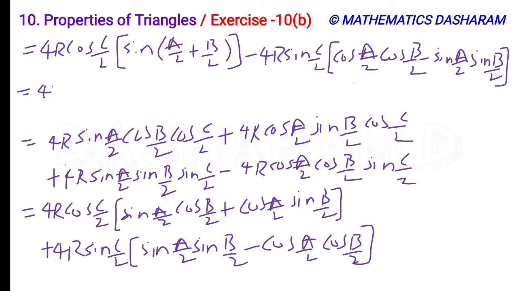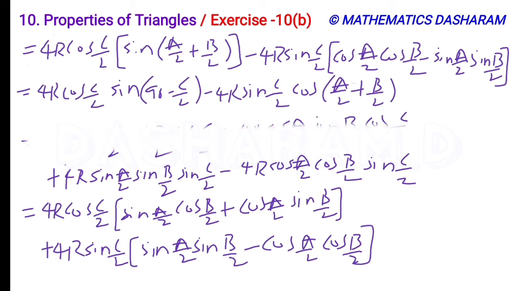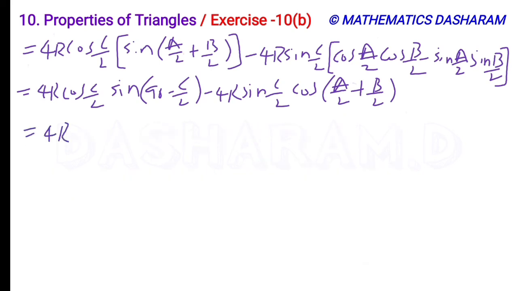So then it is equals to 4R cos C by 2 into, so sin A by 2 plus B by 2 we can write as 90 minus C by 2, because sum of the three angles is 180 degrees, minus 4 sin C by 2, here cos A cos B minus sin A sin B formula is cos A plus B, so then cos A by 2 plus B by 2, so it is equals to 4R cos C by 2, here sin 90 minus theta is cos theta, so then cos C by 2 minus 4R sin C by 2.